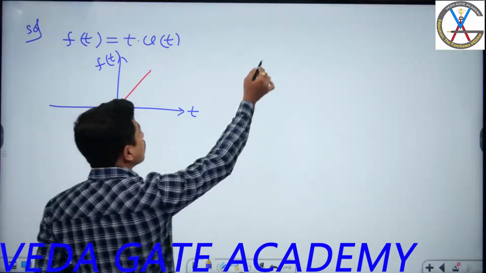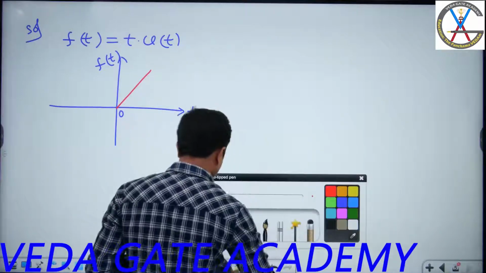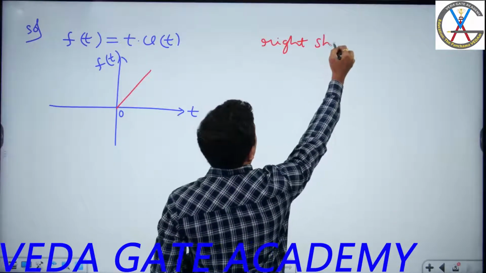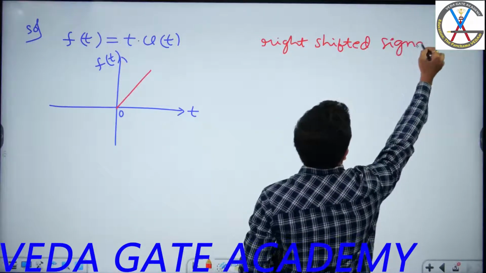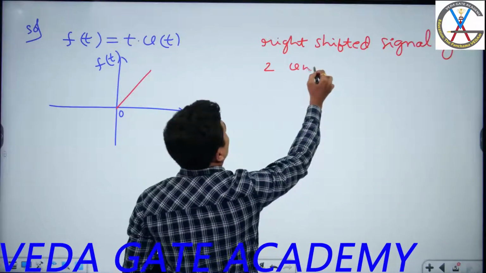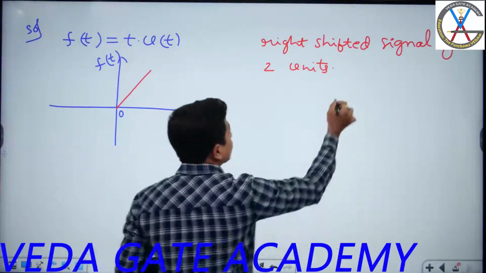This is the shifted version, the right shifted signal, shifted by 2 units. Observe its figure carefully.